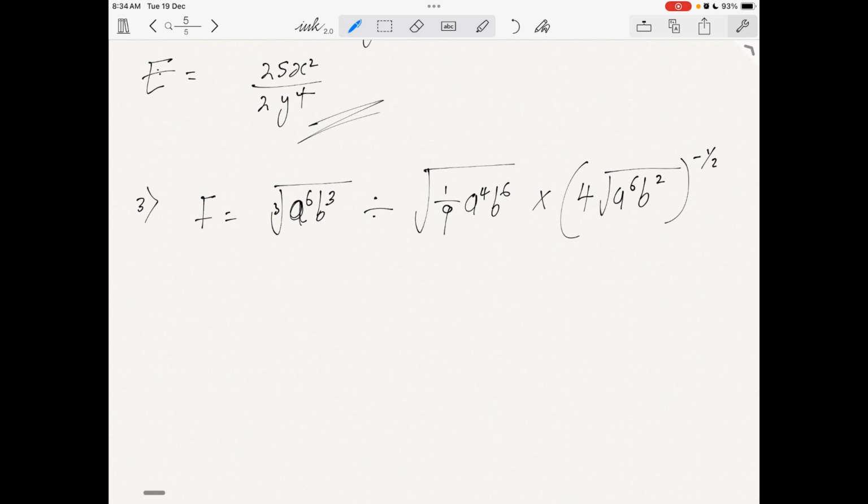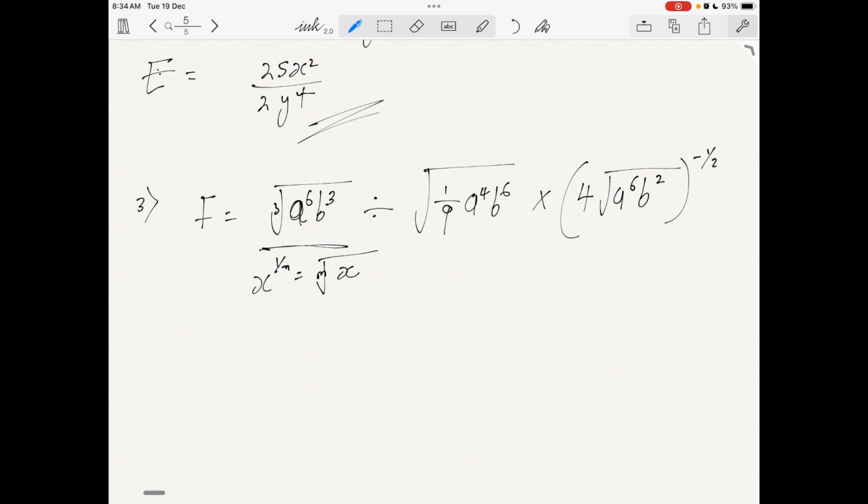I want you guys to work on this. Remember that to solve this, you might just have to apply the rule of x raised to power 1 over m being equal to the mth root of x.